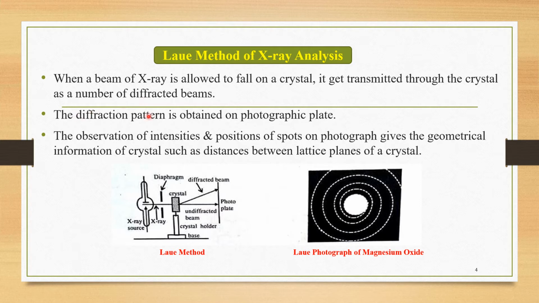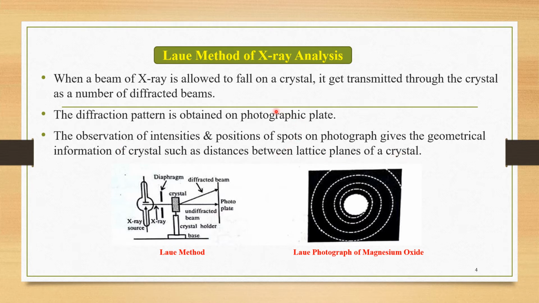The diffraction pattern is obtained on a photographic plate. Whenever the diffraction takes place by the bombardment of this X-ray on a particular crystal, the diffraction pattern is obtained on a photographic plate. The observation of intensities and position of spots on photographs gives the geometrical information of the crystal, such as distance between lattice planes of a crystal.